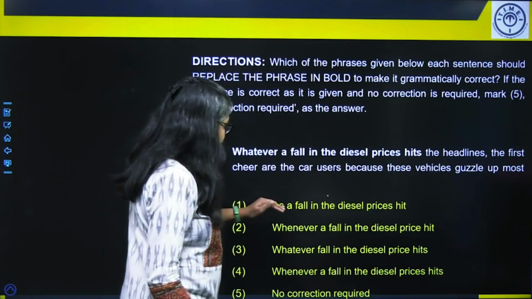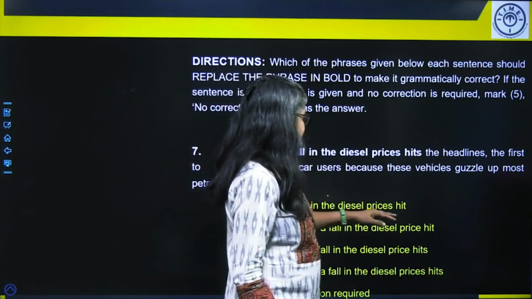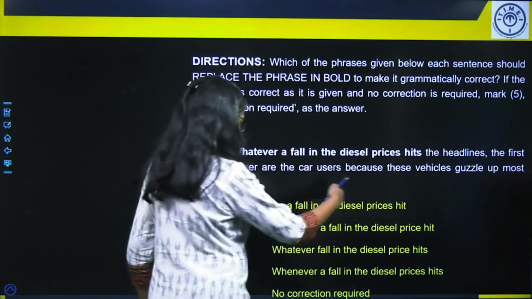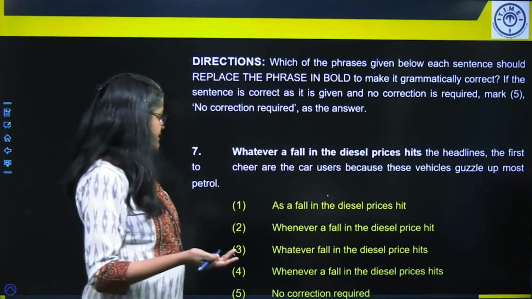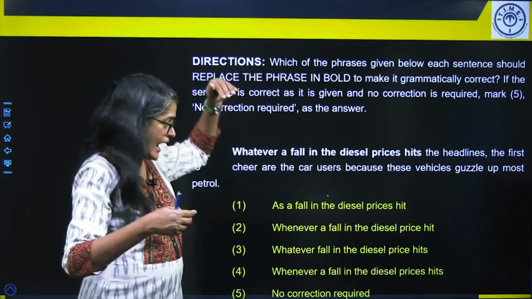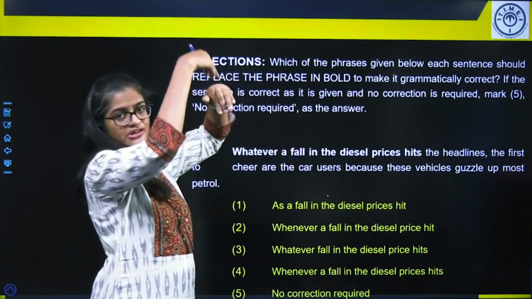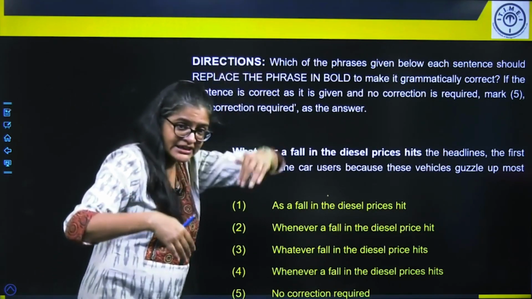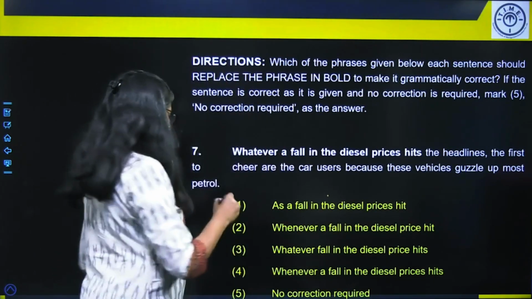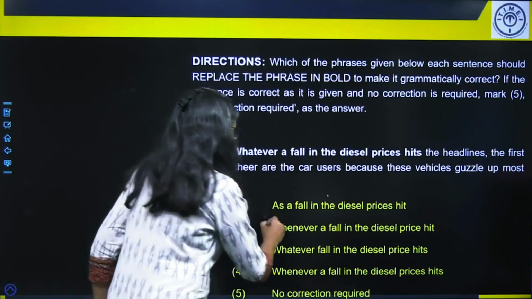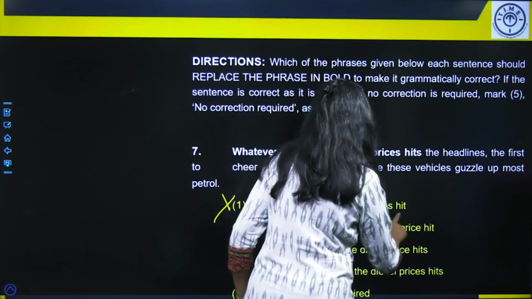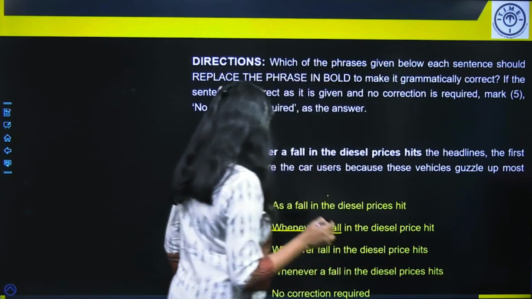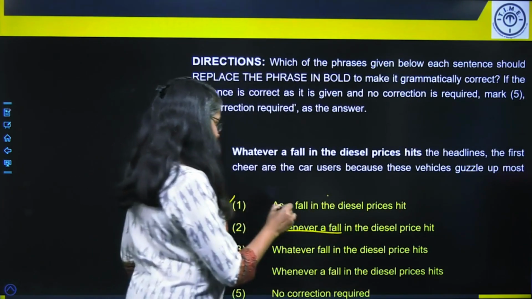So, as a fall in the diesel prices hit the headlines, first of all, hit is in the past tense here, and it is not that as it hits they start cheering. That is a little weird, right? As it hits the headlines they will start cheering. That doesn't make sense.